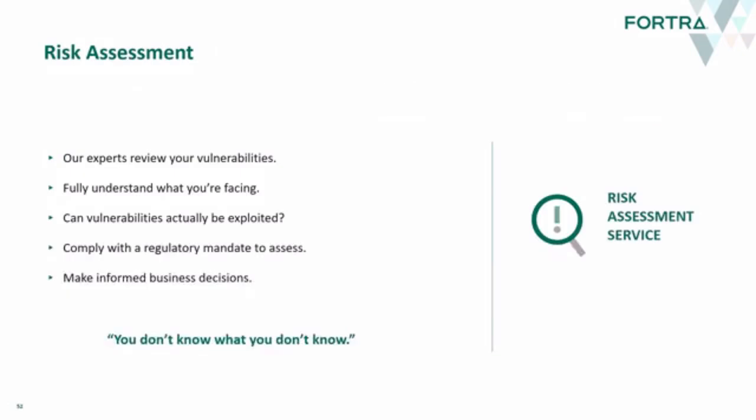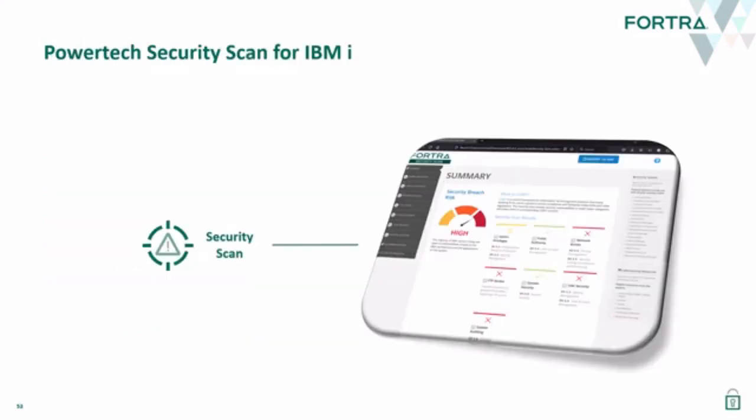So our risk assessment that we offer, we will go through your system from top to bottom. We evaluate over 100 different items, and we will highlight and evaluate up to 55 different high-risk items and build you a report and a plan to move forward so that you can remediate those and get to a better position. And if that right off the bat is more than you want to do, we always have the free security scan.